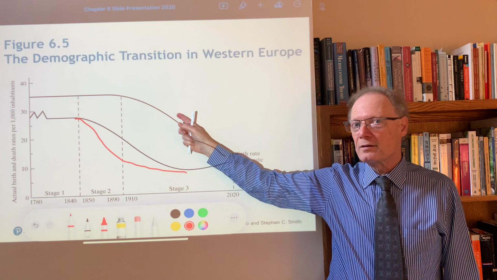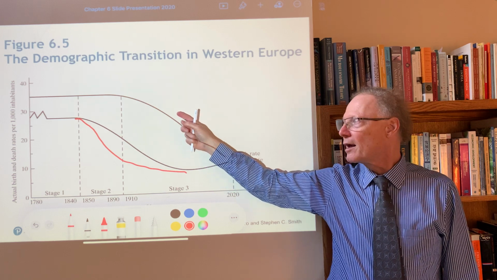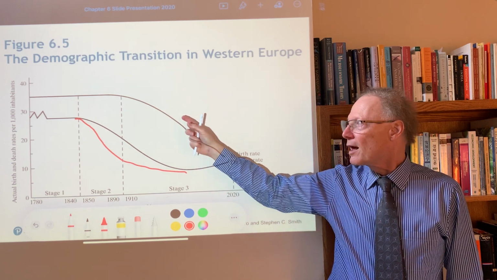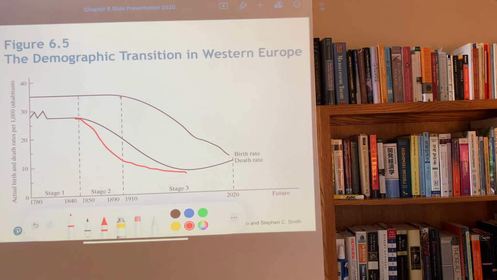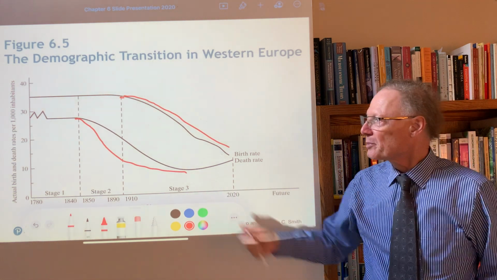Also, there was, at least in some cases, some delay in the drop, at least as fast a drop, of the fertility rate, that is to say, of the resulting birth rate. These are birth and death rates.